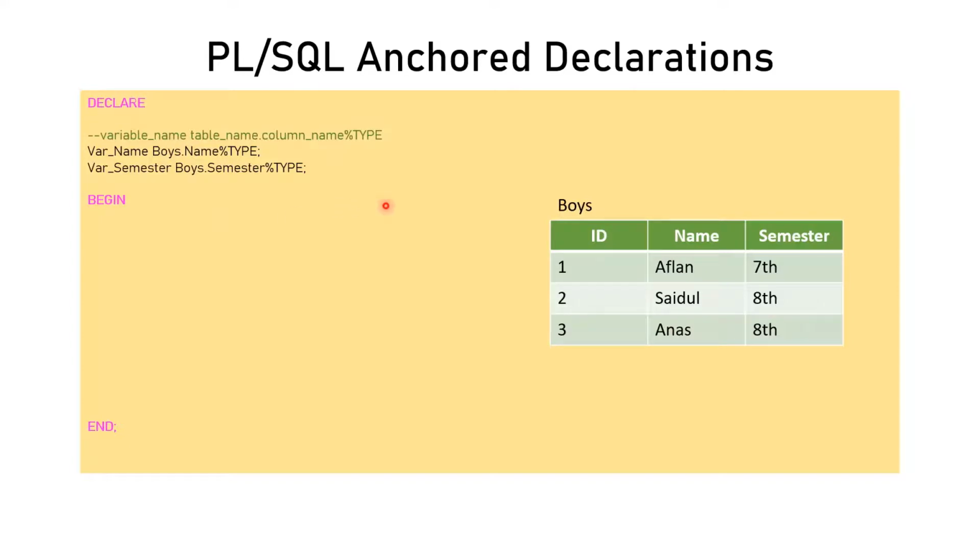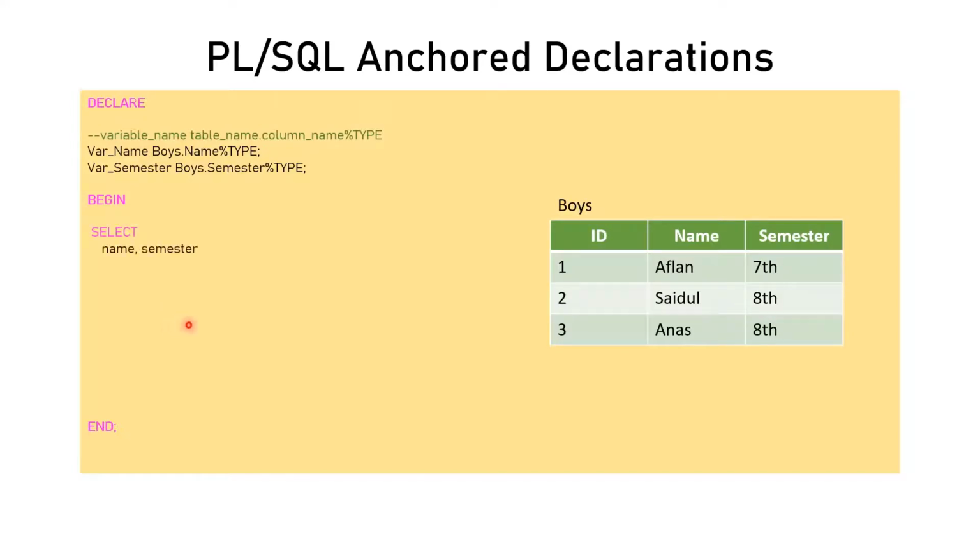Now let's perform some operations using these 2 variables that we have created. Imagine that we want to store the values of name and semester of that student whose ID is 2. Basically, we want to store Saidul and 8 in our variables var_name and var_semester. The way we can do this is by simply writing an SQL statement.